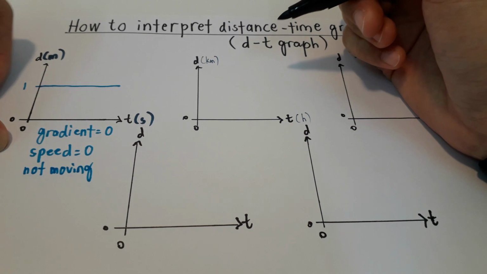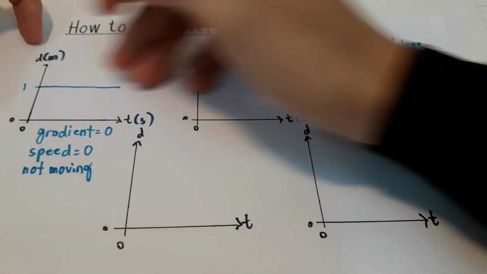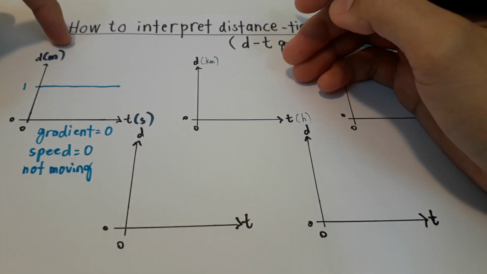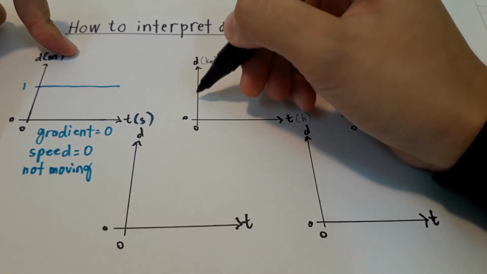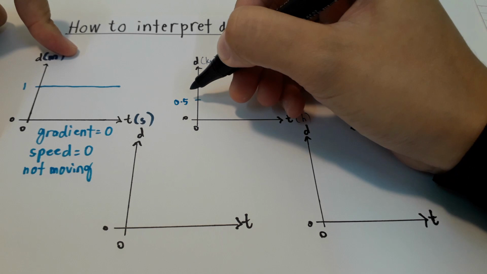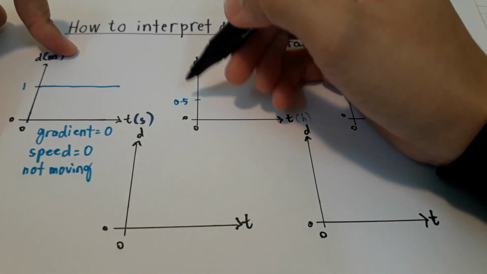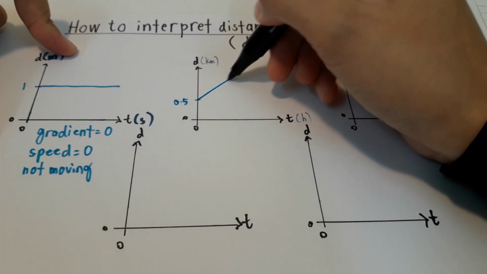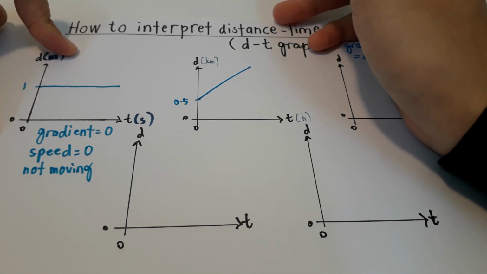Okay, so that one is the horizontal straight line. What if we start at 0.5 meter from the starting point, and the graph is sloping up like this?